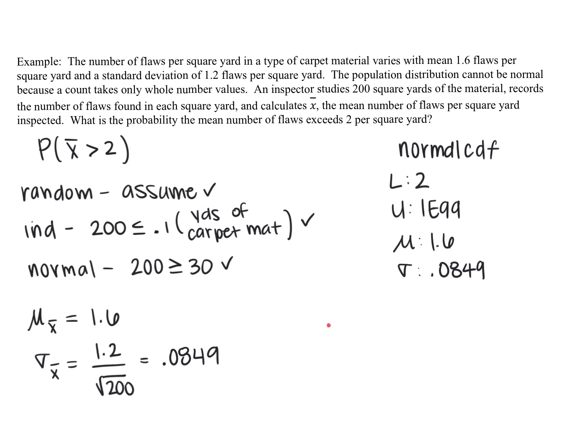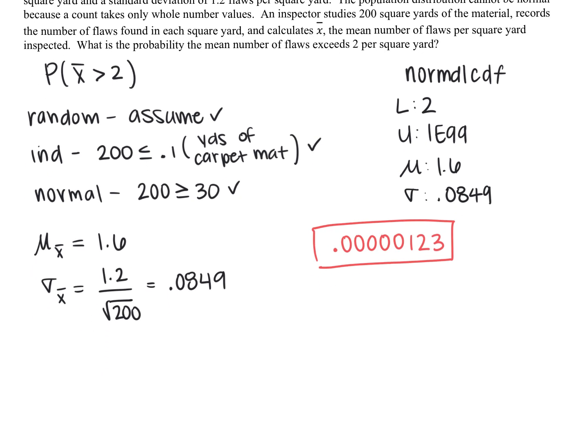So that's going to tell me 0.00000, so 5 zeros, 1, 2, 3. So very small probability here.